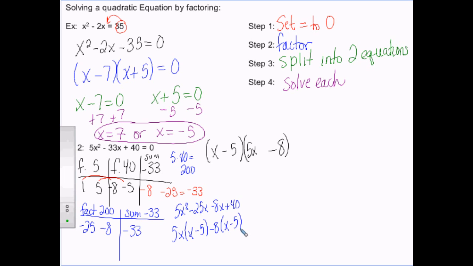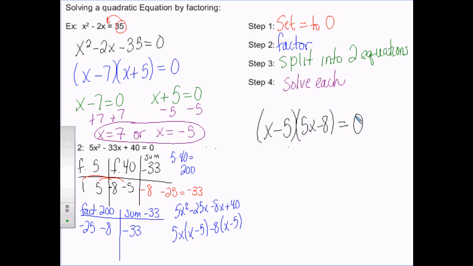So either way, I end up with x minus 5 times 5x minus 8 is equal to 0.